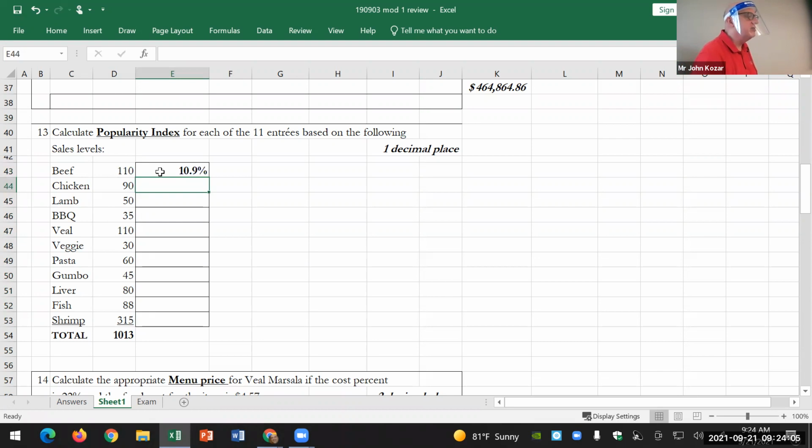And it's already set up to do a percentage. So that shows you on a percentage basis what your top sellers are.